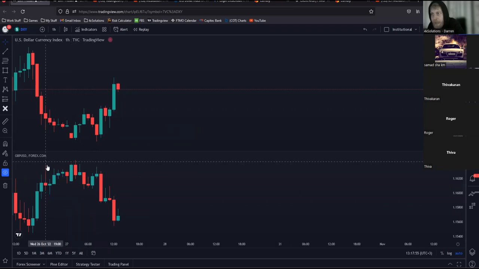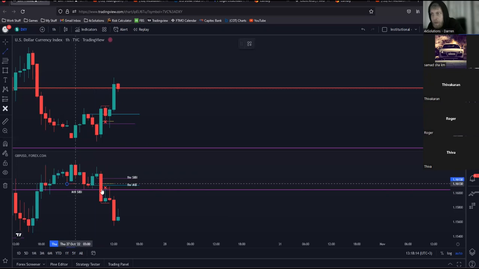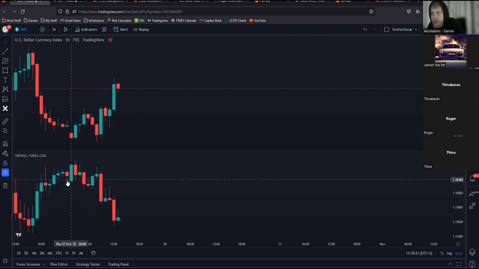We took this high from this swing low by moving higher here, and then the market broke. So this would be what? Breaker. It will come. Okay, well, anyway, that's the breaker over here.